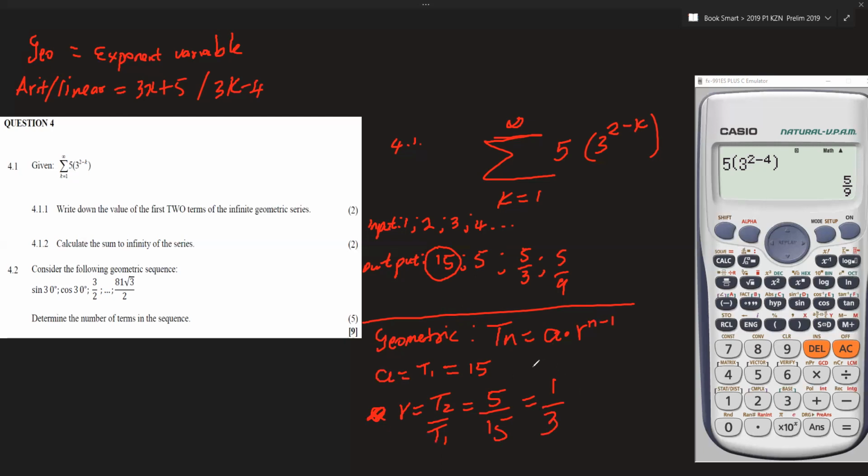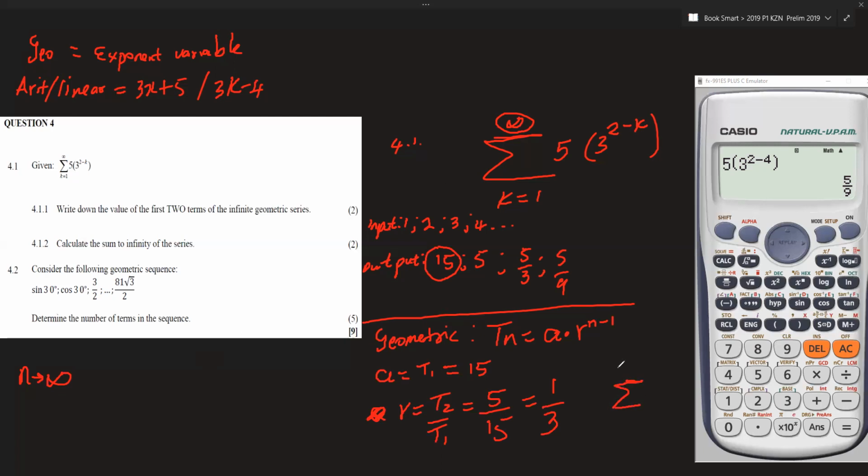Makes sense? The last thing you need to know how to get is your n. Your n in this case is infinity, so it is the sum to infinity, because we don't have a number there. But let me show you what we would do if you had a number.